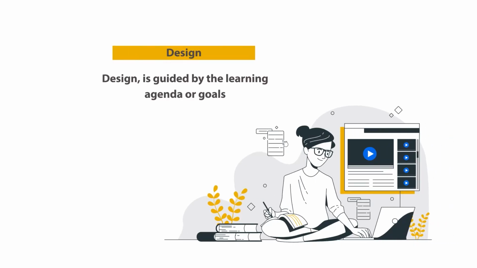What is design? Design, if you see on your screens, is guided by the learning agenda or the goals. Many people say learning agenda, learning outcome, learning goals, objectives, and so on and so forth. So the second stage is guided by the learning agenda.